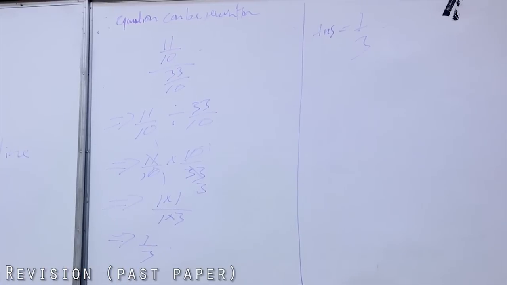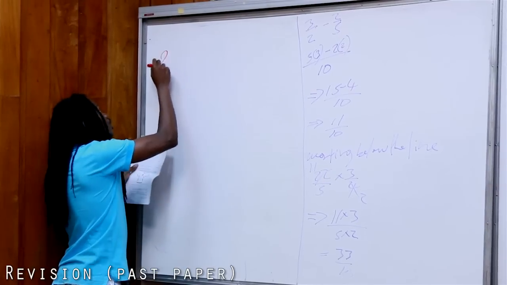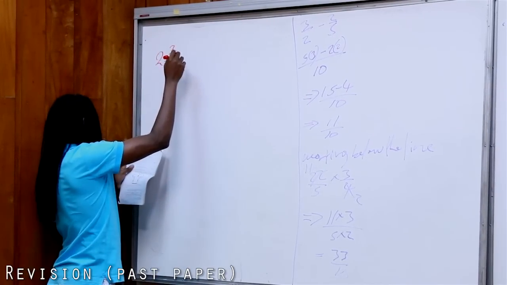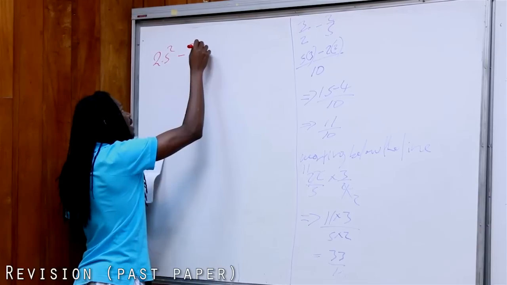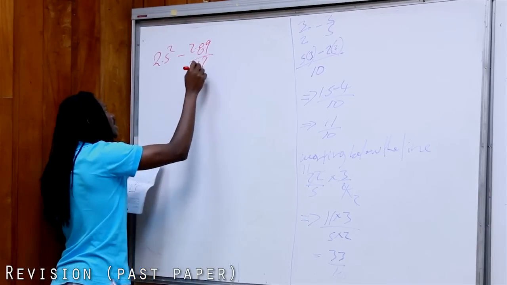That there, CXC past paper. 2.5 square minus 2.89 over 17.